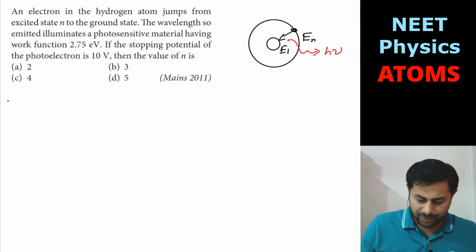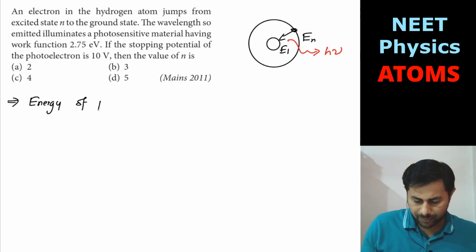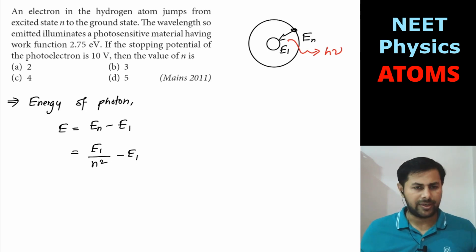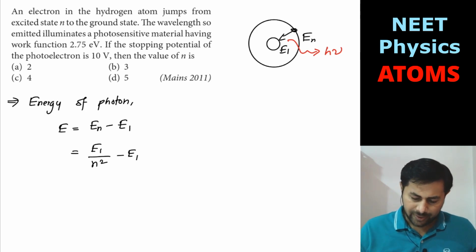So the energy of the photon E is equal to En minus E1. Alright, so you know what En is? En is just E1 divided by N square.